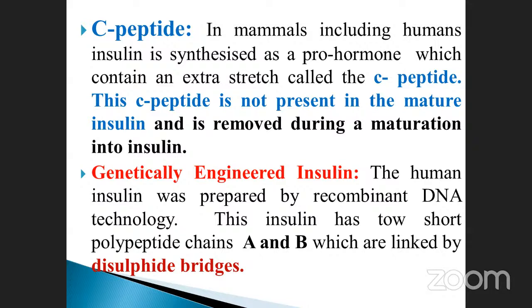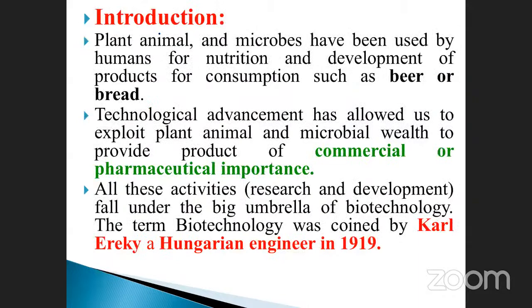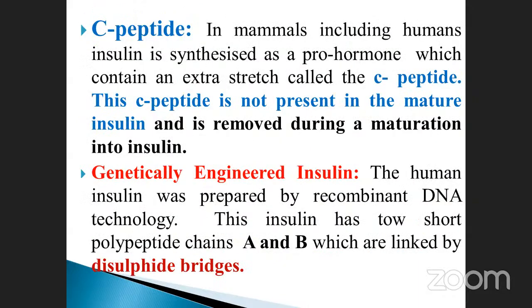Don't forget, my dear, this is also one of the NEET questions. Disulfide bridge, A and B. It's nothing but two short polypeptide chains united together with the help of a disulfide bridge. Okay, don't forget. So I think that's all about the basic introduction, my dear.